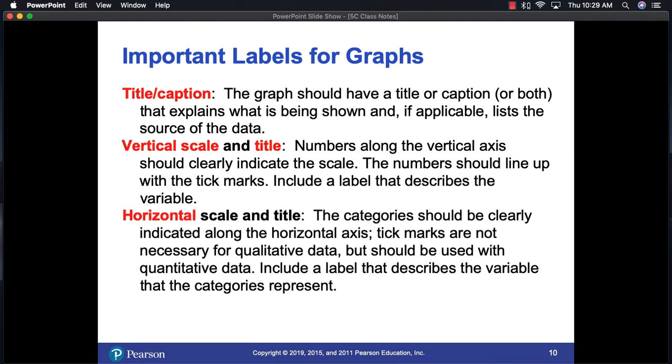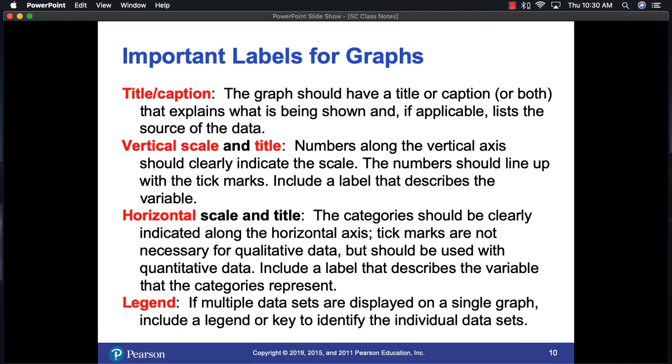The horizontal scale and title does the same thing. So this also gives you an idea, and you want to also title it so that you can describe what we're dealing with. Now, obviously, a legend always helps, whether you want to use legends for colors or just simply to decipher information, is also important.